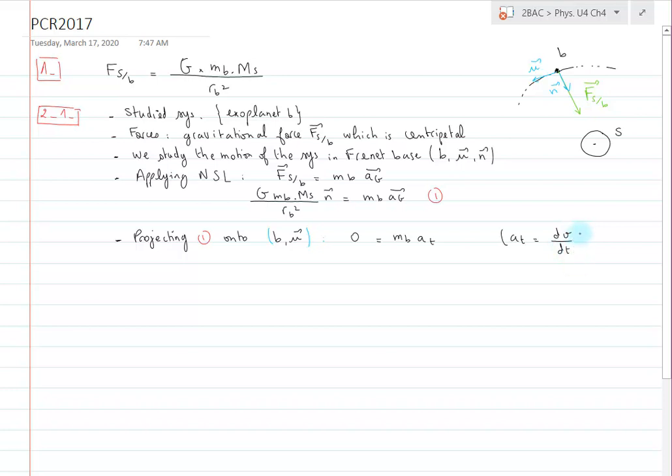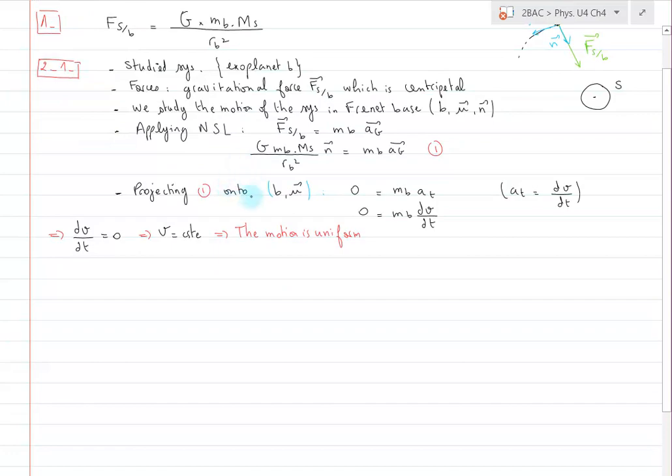This is from the first lesson in mechanics, Newton's laws. So m_B dv over dt, from which we conclude that dv over dt is equal to 0, which means that the velocity is constant, and this means that the motion is uniform. That way we have demonstrated that the motion is uniform.